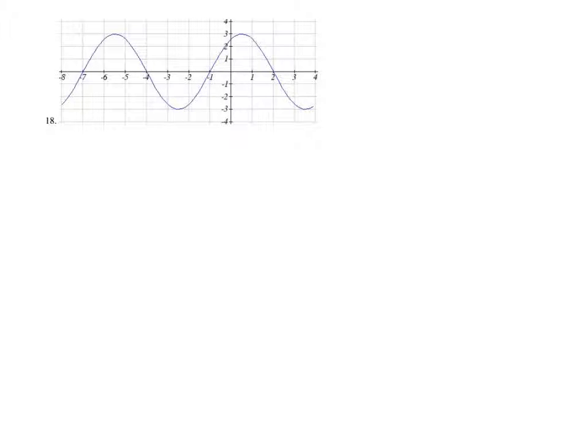If you take a look at this number 18 in the book, I won't do the whole thing because this is something somebody could do for some attendance points. But again, look at the midline. I'm seeing the midline, it's going up 3 and down 3 around the x-axis, so that tells me the midline is the x-axis, so no up-down shift.